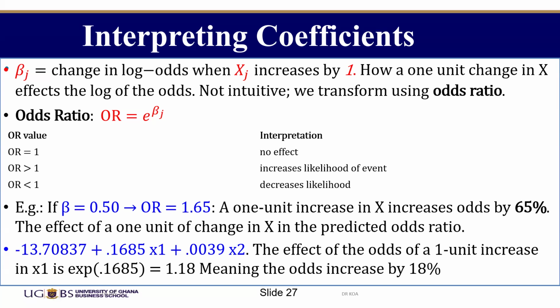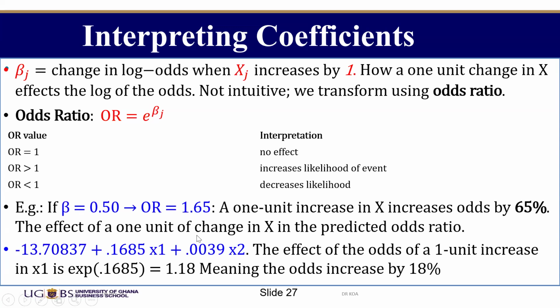So the chances of you getting the disease or not getting the disease is going to change by 65%. That's what it means. The effect of a 1 unit change in X on the predicted odds ratio, that's what it is.